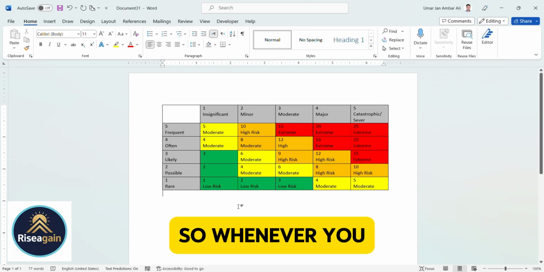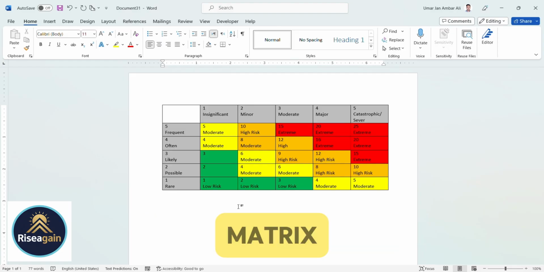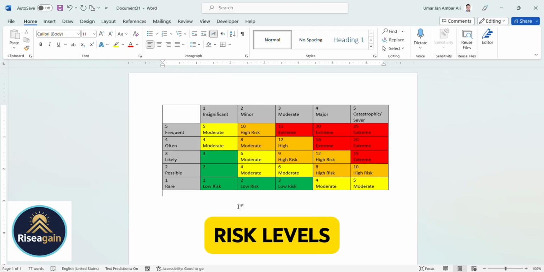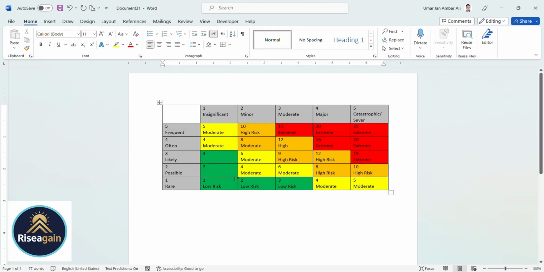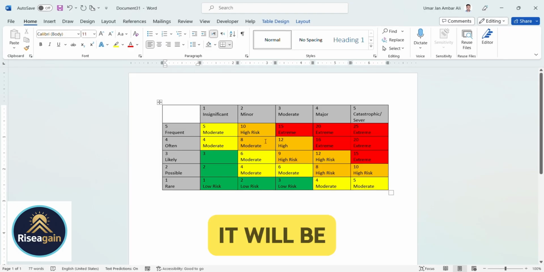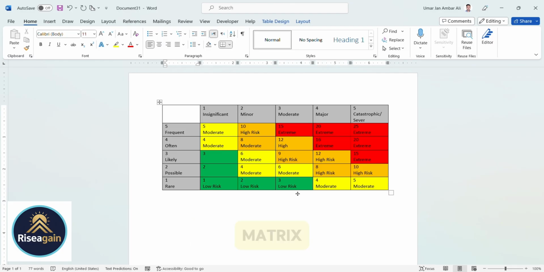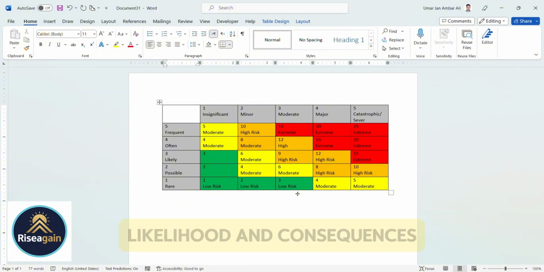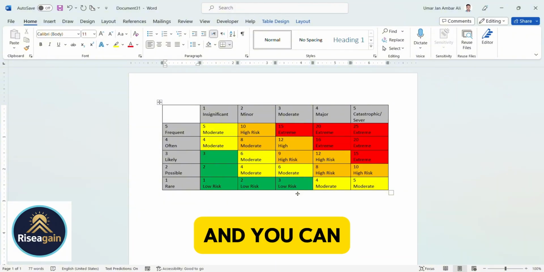So whenever you go for risk assessment and you are calculating the risk matrix or the risk level, you can say that, for example, if the likelihood is 4 with 2, or 5 with 1, it will be 5. 4 with 2, it will be what? It will be 8. Okay, so in that case you will understand how to create a risk matrix and how to evaluate the risk level, that is likelihood and consequences, and you can go for it.